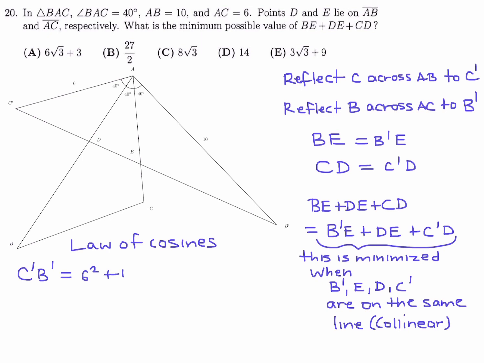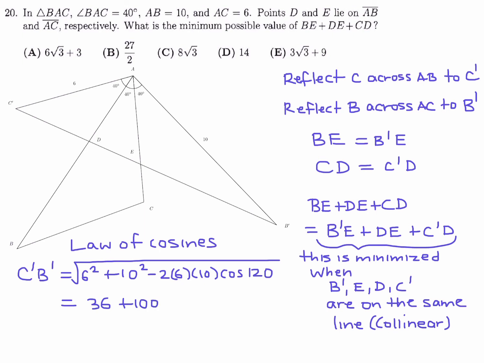And that's going to be 6 squared plus 10 squared minus 2 times 6 times 10 times the cos of this whole angle, which is 120. And since I'm not interested in CB squared, I just want CB, I've got to take the square root of all of that. So that's going to be 36 plus 100 minus 120 times negative 0.5.